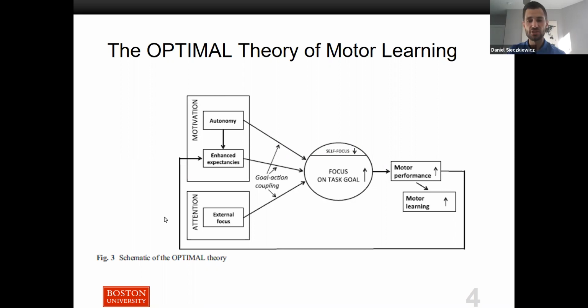With respect to attention, an external focus centered on the task rather than the individual performing the task will improve motor performance and longer term have a positive impact on learning. And this improved performance and improved learning then has the tendency to improve the learner's expectations for further learning.